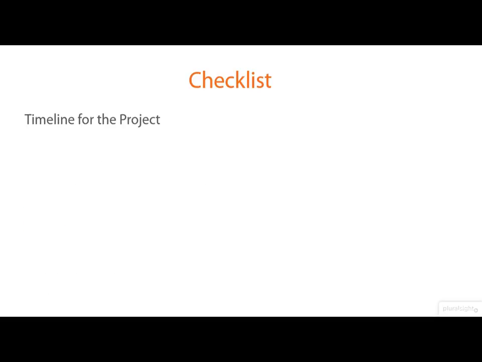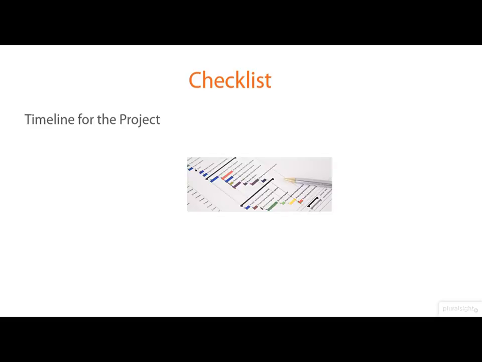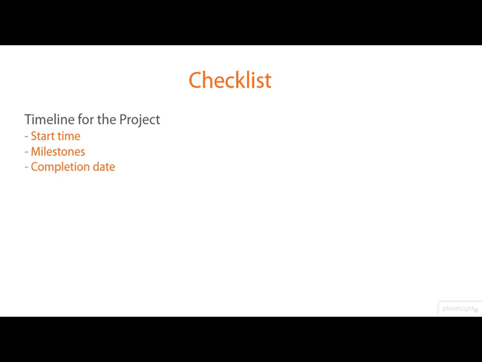Next, draft a timeline for the project. This timeline draft should include the starting time, the project milestones, and the estimated project completion date. Then you need to prepare a quote that contains the details of services that will be provided to the client organization.